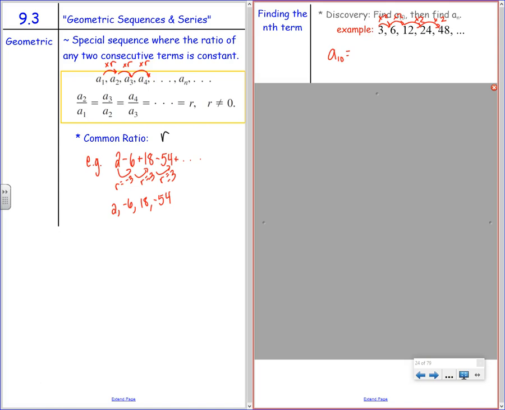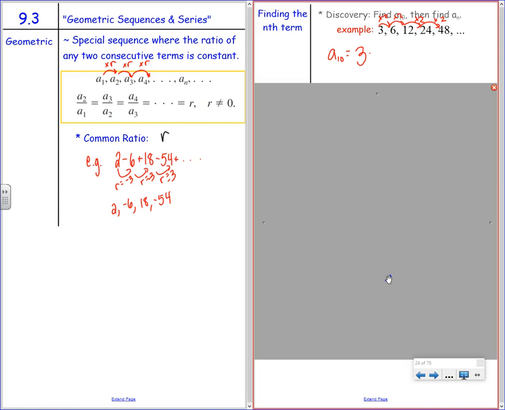If I told you we had to start at 3. Ooh, why'd I put times and not plus? Because we're multiplying now. For arithmetic, we were adding, so it would be 3 plus repeated jumps of addition. But now I'm doing 3 times repeated jumps of multiplication. How many jumps of multiplying 2 do you think we're going to do to get to the 10th term from the first term?